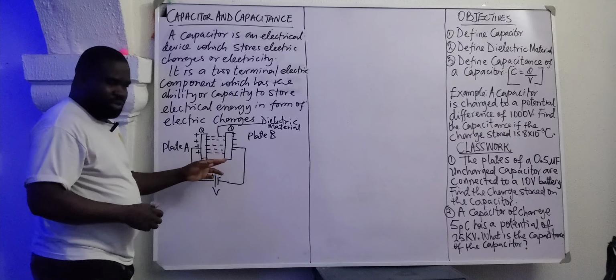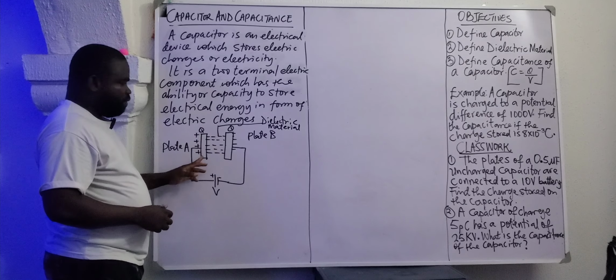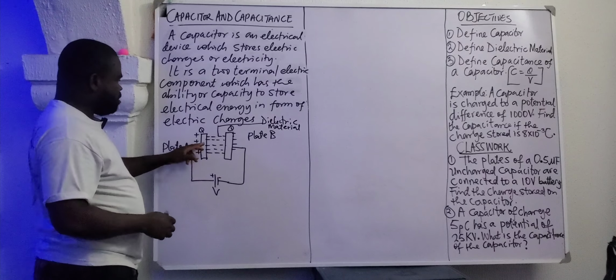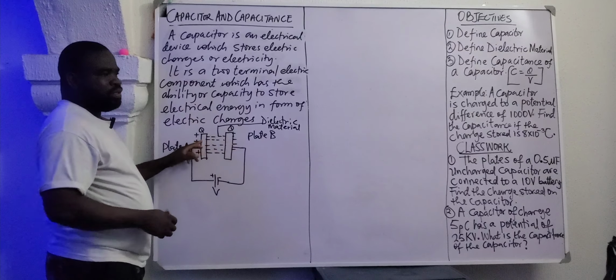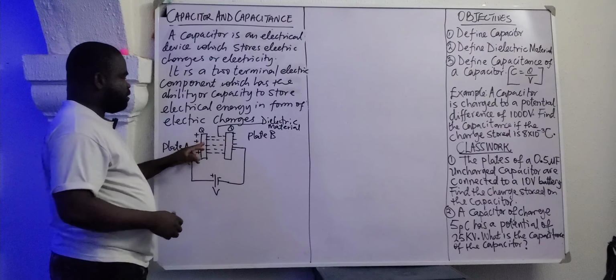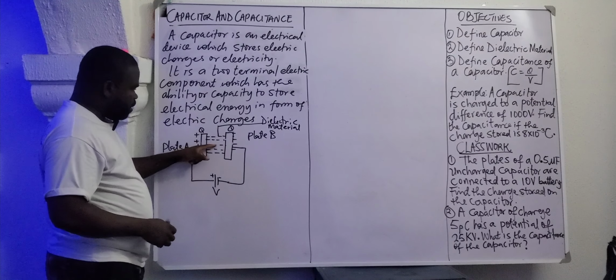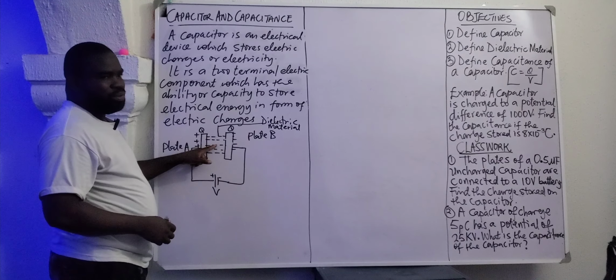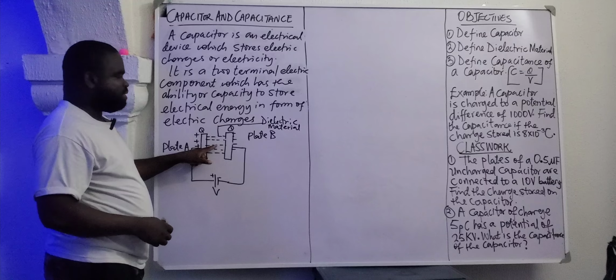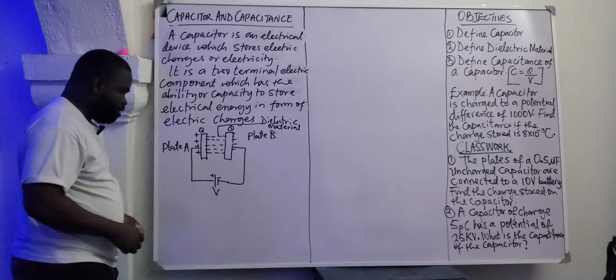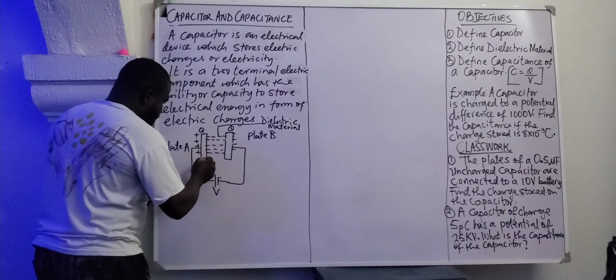Now, I have given you a simple sketch of the capacitor connected across a voltage. These are the parallel plates, the two metallic plates, the two conductors of the capacitor. Here you have the insulator, which we call the dielectric material, whose function is to increase the capacitance of the capacitor.